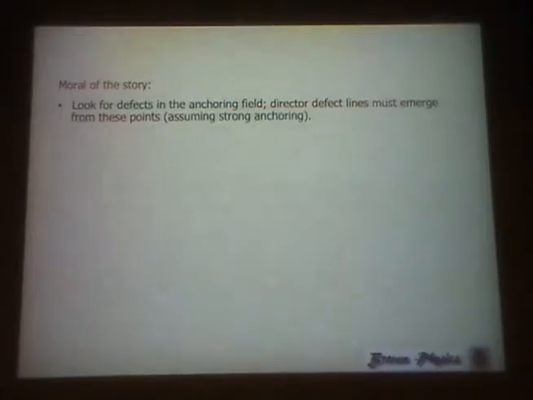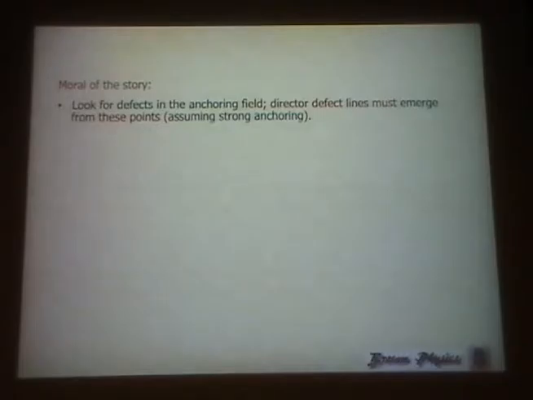If I give you one of these cells, and I tell you Greg Crawford has patterned the top and the bottom like this, I've got some incredible arrangement, whether periodic or quasi-periodic, what I hope I've convinced you of is that the first thing I should do is look and see if there are any defects in that anchoring field. And in general, in a two-dimensional patterning, interfering these coherent laser beams, there will be. If you just did a one-dimensional modulation, you don't necessarily have defects. So, focus on the defects.